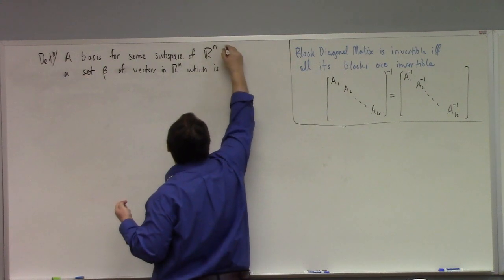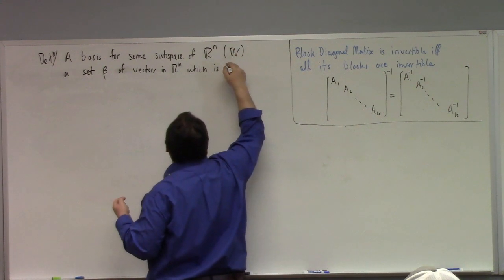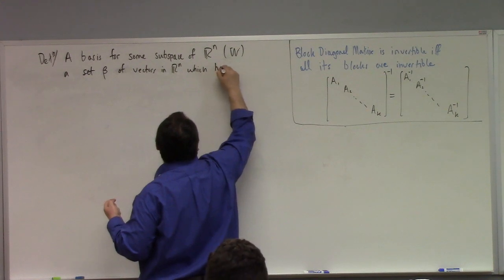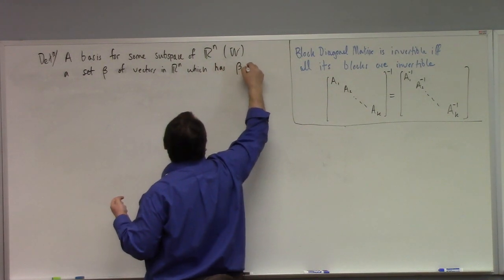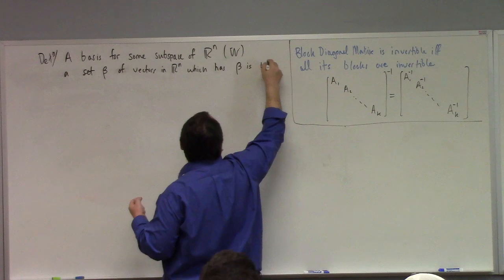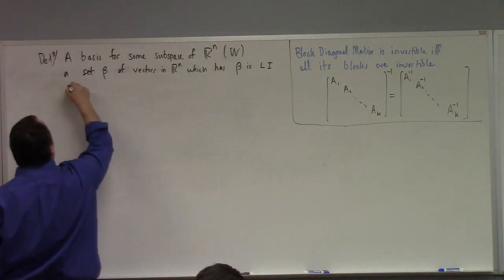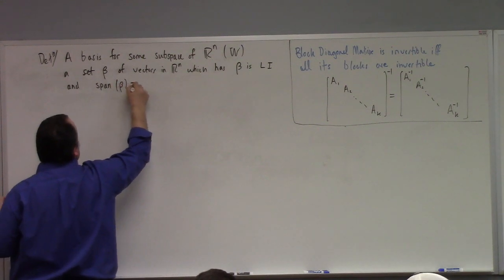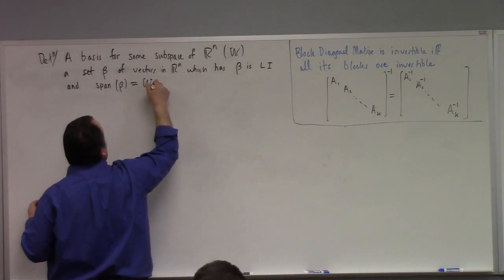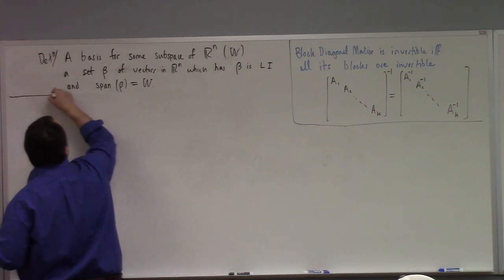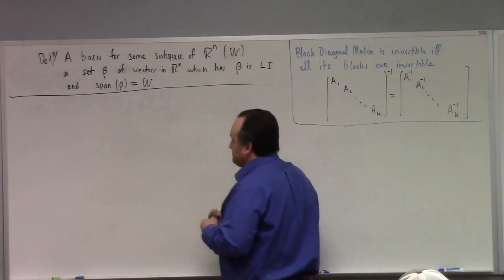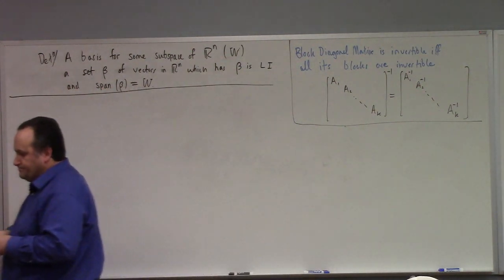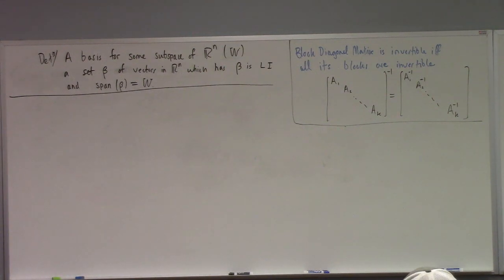Let's call it W. Beta is linearly independent, and the span of beta has to be equal to W. That's a basis. So a basis is a linearly independent spanning set for a subspace.